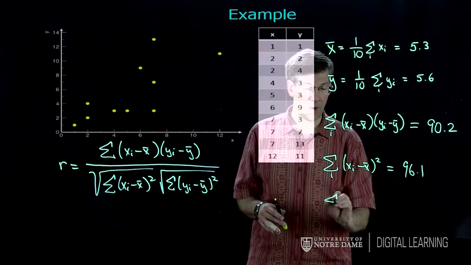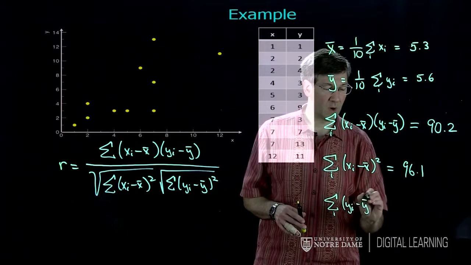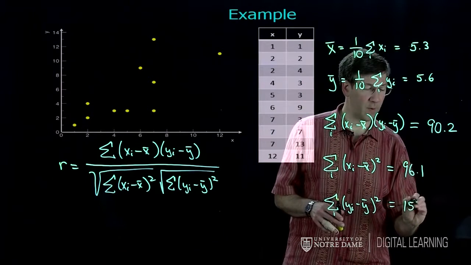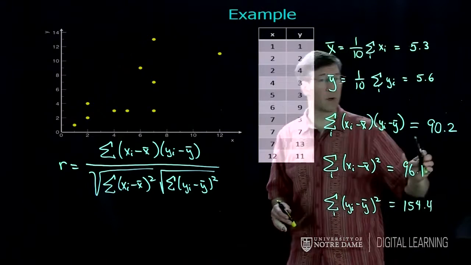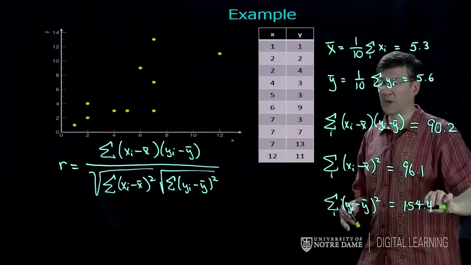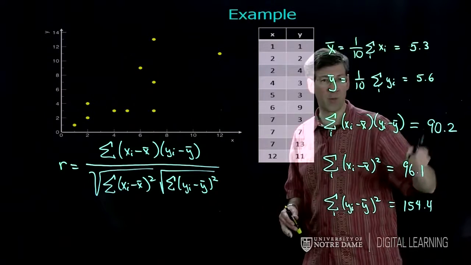And the sum of y minus mean y squared is going to be equal to 154.4. So those are all the ingredients now. This is my numerator, and these are the two pieces of the denominator squared. So I have to take the square roots of these and then divide the numerator by that.